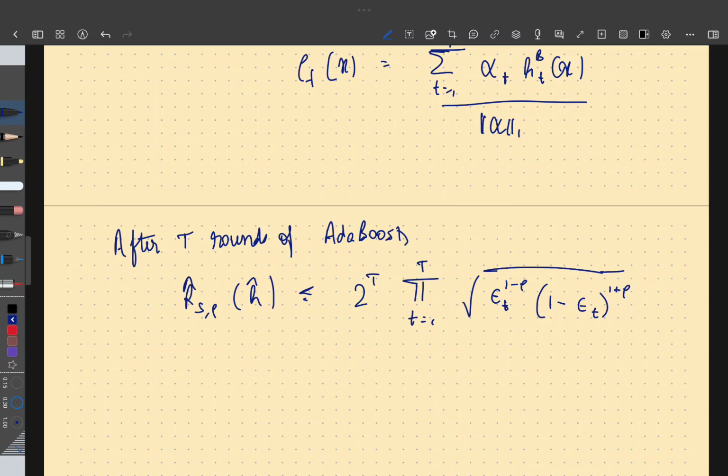So epsilon t doesn't have to go down to 0 as t goes to infinity.